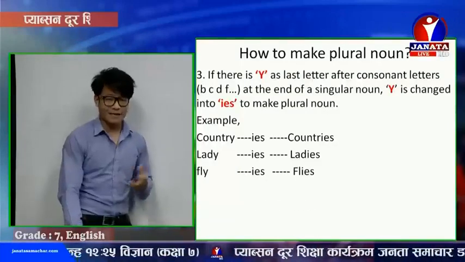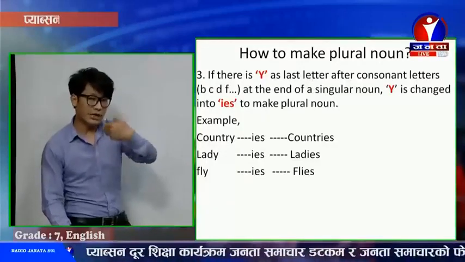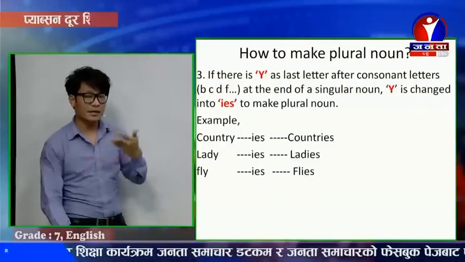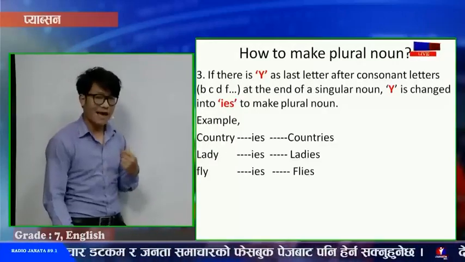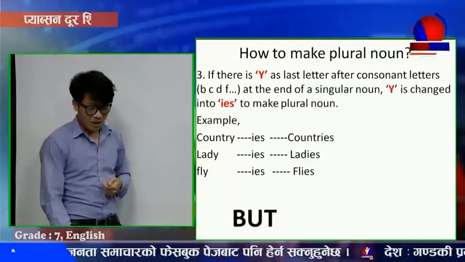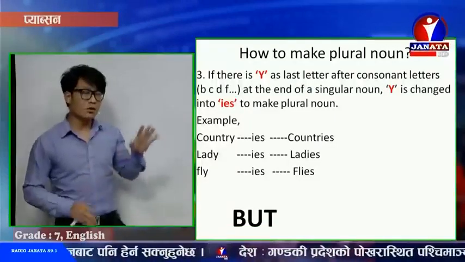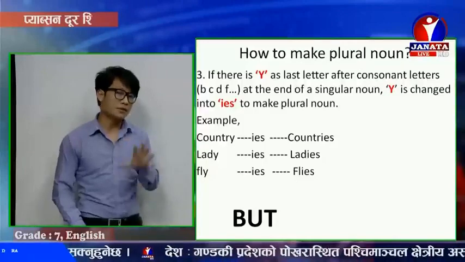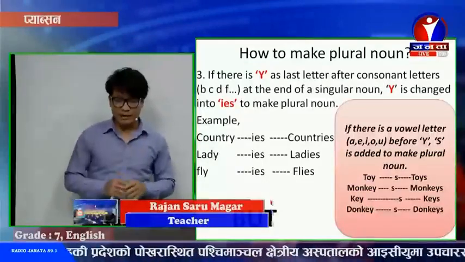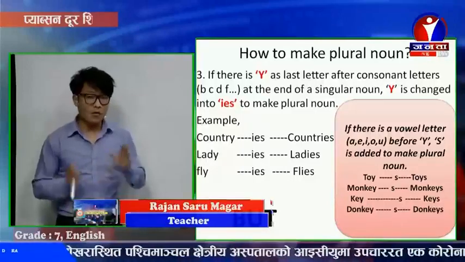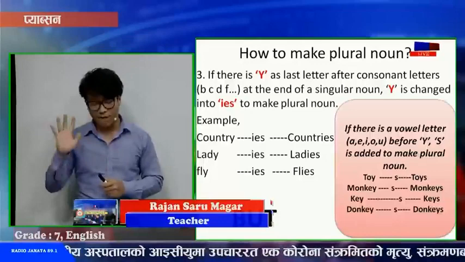Next, fly, flies, F-L-Y. We need to change the Y into IES, and it becomes F-L-I-E-S, flies. Fly, flies. But this is the rule if there is a consonant letter before Y. What will it be if there is a vowel letter, meaning obviously you know A-E-I-O-U, 5 letters?